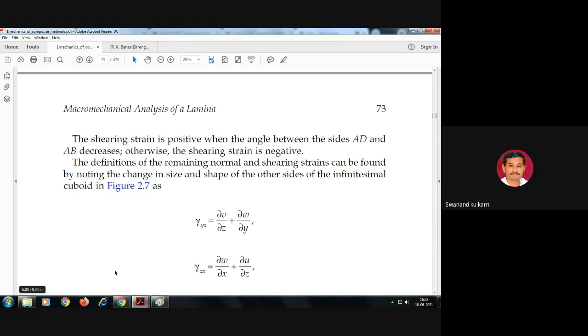So for that purpose, whenever we consider isotropic and anisotropic materials, these are two different materials. Then exactly what is going to happen in order to separate out the material as isotropic, as transversely isotropic, as monoclinic, as orthotropic, and as anisotropic?